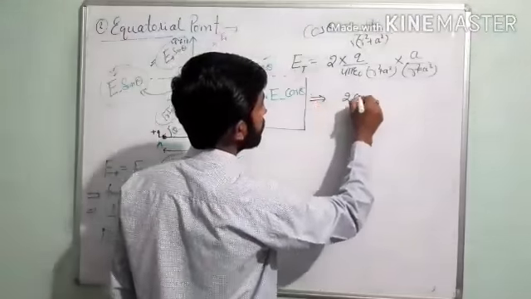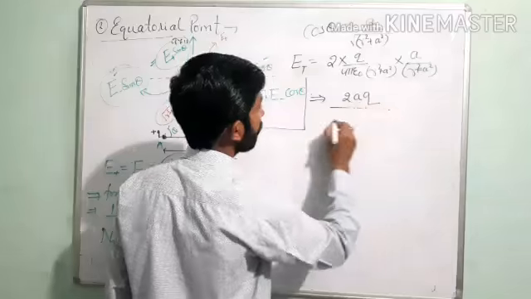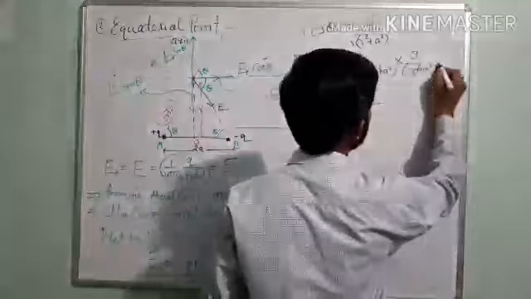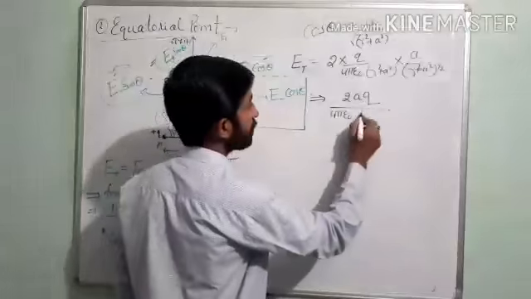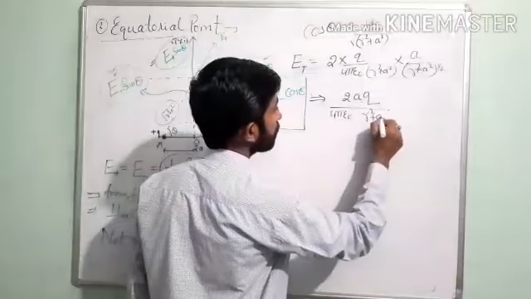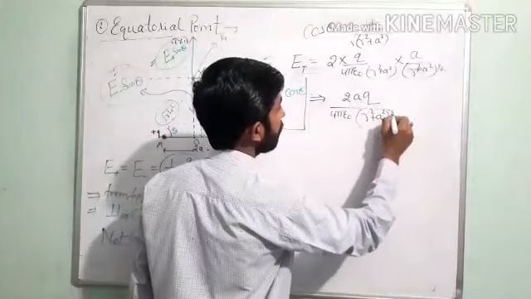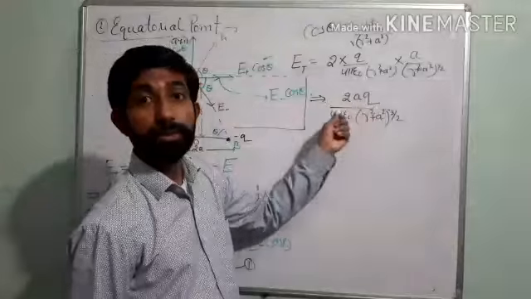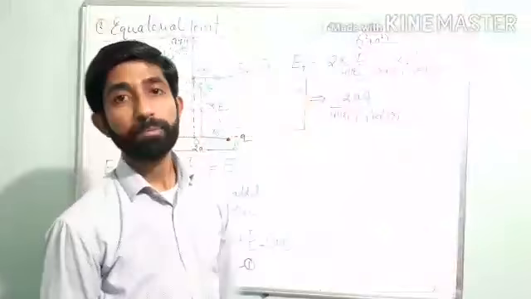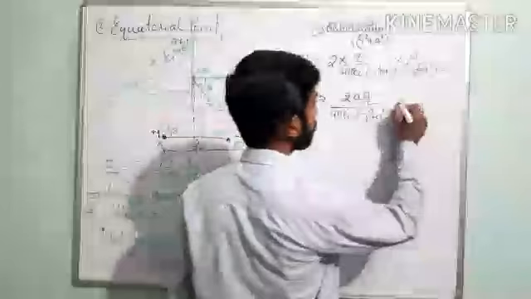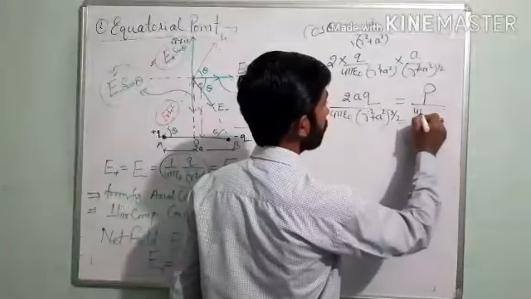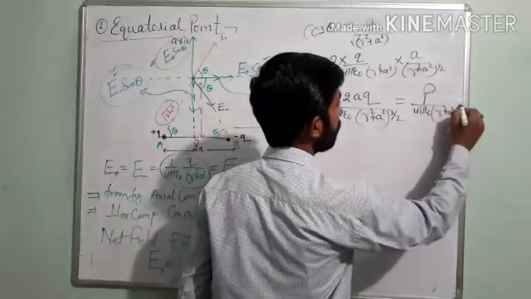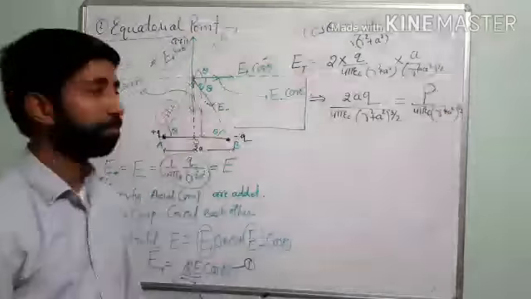So this equals twice A Q upon 4 pi epsilon naught, and its power will be half, so this goes to R square plus A square to the power 3 by 2. And this quantity 2AQ is equal to dipole moment P, that is P over 4 pi epsilon naught R square plus A square to the power 3 by 2.